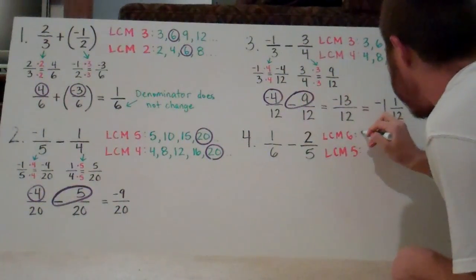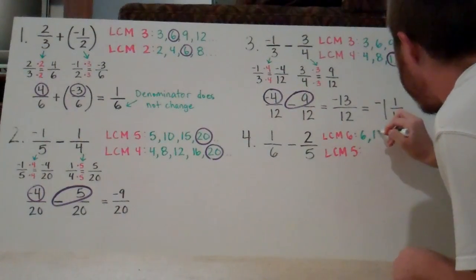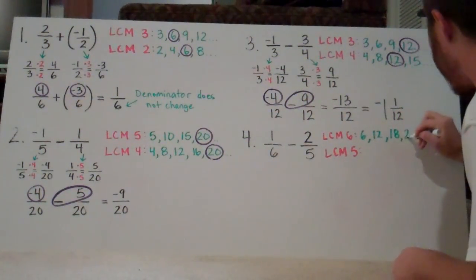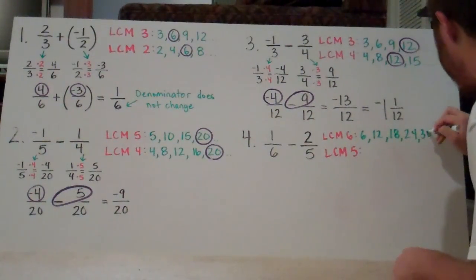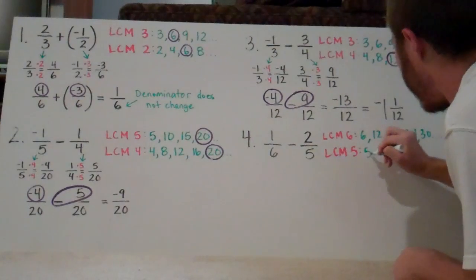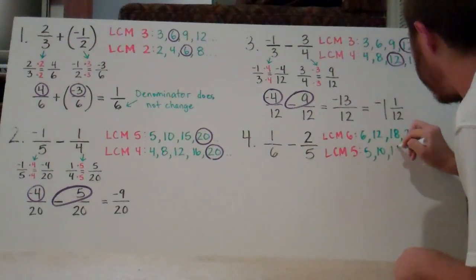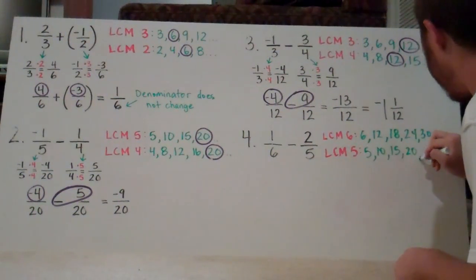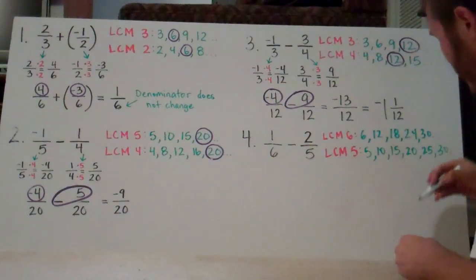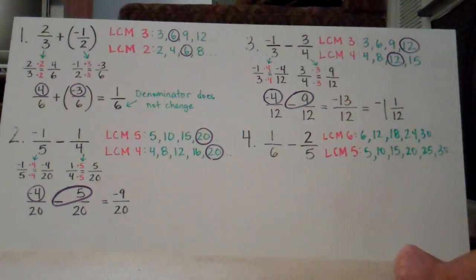We got 6, 12, 18, 24, 30. I'm going to let that keep going. And then for 5, we've got 5, 10, 15, 20, 25. Oh, look. That's the first number that they both share.